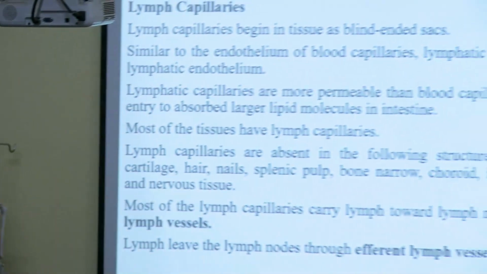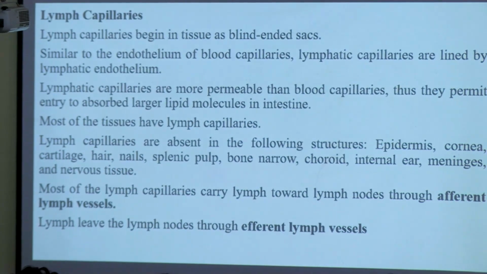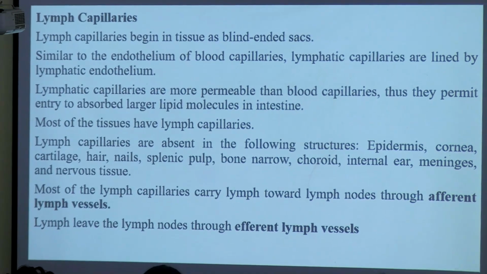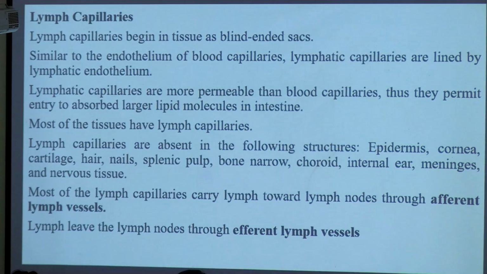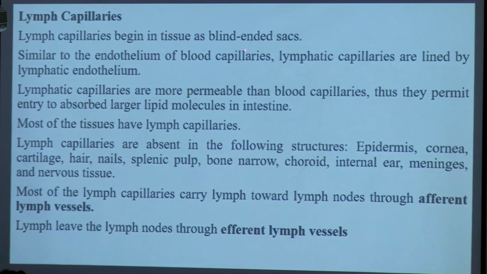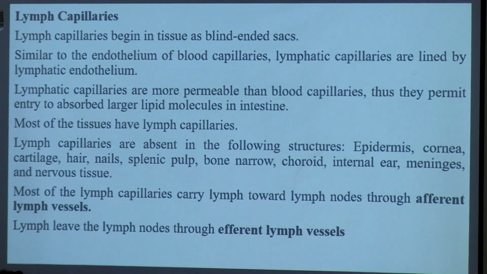Next, about the lymph capillaries. Two types of lymphatic vessels are present in our body: lymph capillaries and lymph vessels. What are these lymph capillaries? They begin in the tissue as blind-ended sacs. Structurally, they are lined by endothelium, like the blood capillaries.